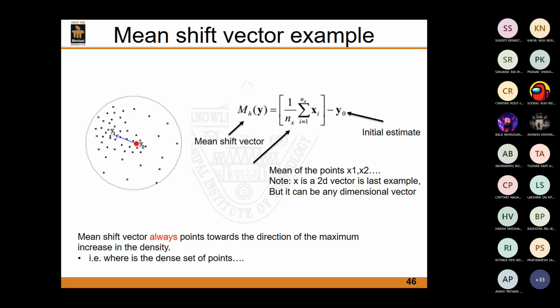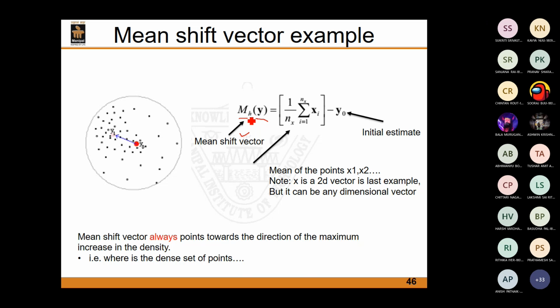So here let us see some mathematical details of the mean shift vector algorithm. If we have a look at this equation, we have m_h(y), which is basically the mean shift vector that we are considering. And h is nothing but the circular region of interest which we are considering.